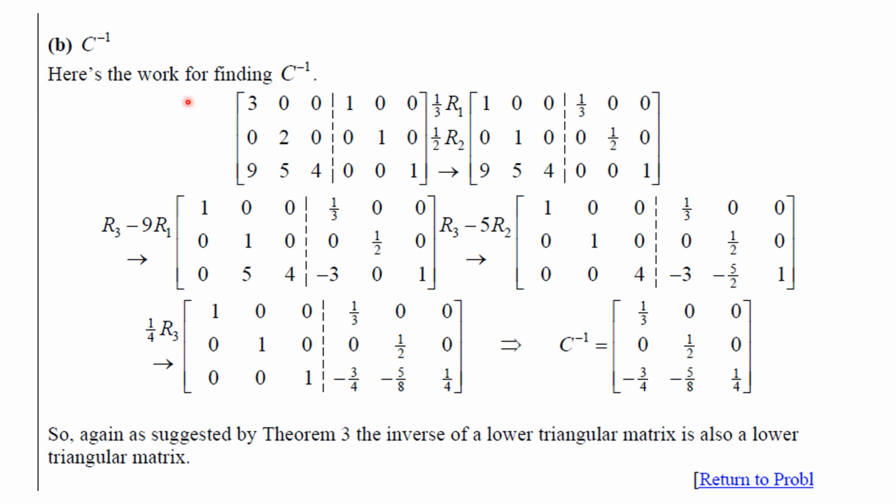Here we're going to find C inverse. So here is C. We go through using these row operations to find the inverse. And you see C was a lower triangular matrix, and the inverse is also lower triangular.